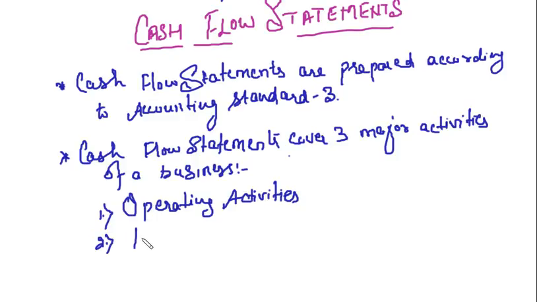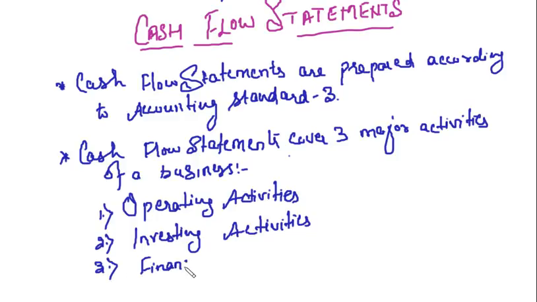Then we have investing activities, and then financing activities. So, majorly, the cash flow statements cover 3 major activities of a business: first operating, second investing, and third financing.